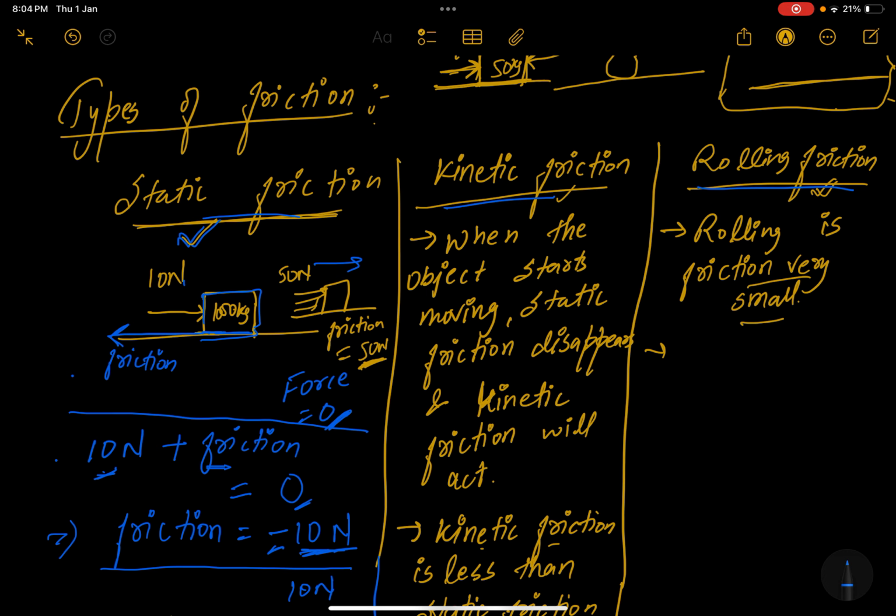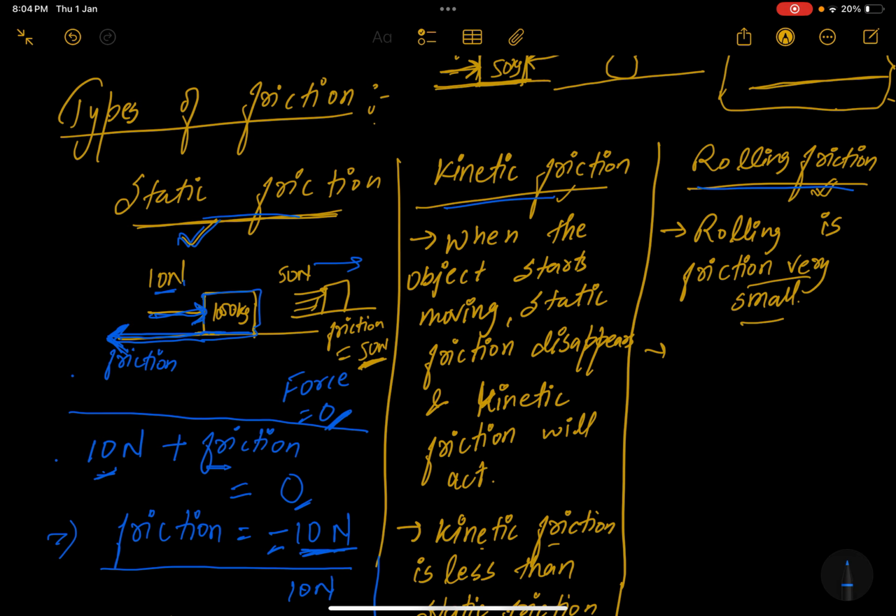We can apply Newton's second law on it. There is a force that you are applying, let's say of 10 Newton, and friction will be applied in the opposite direction of motion. If you are applying your force in the right direction, the friction force will be in the left direction.